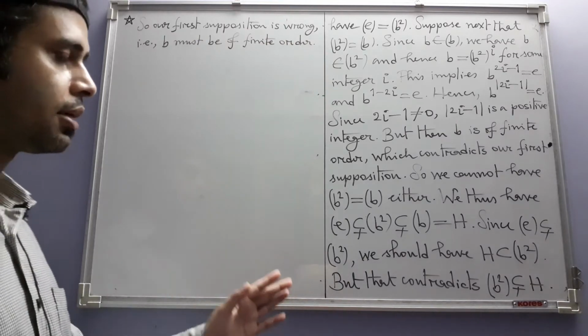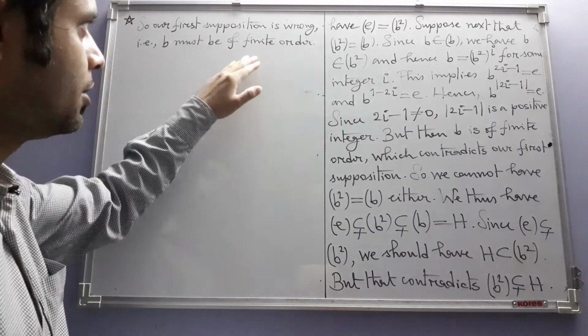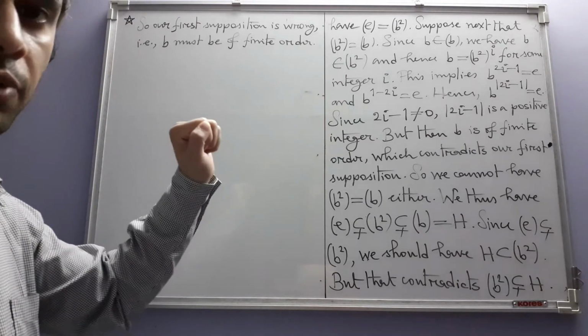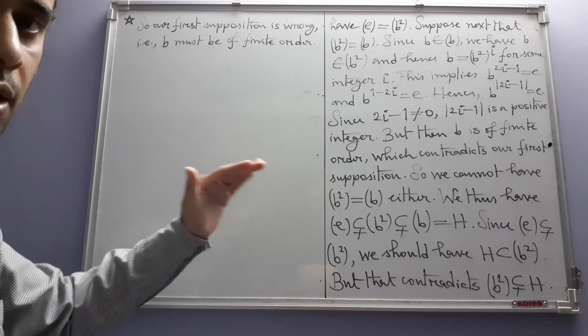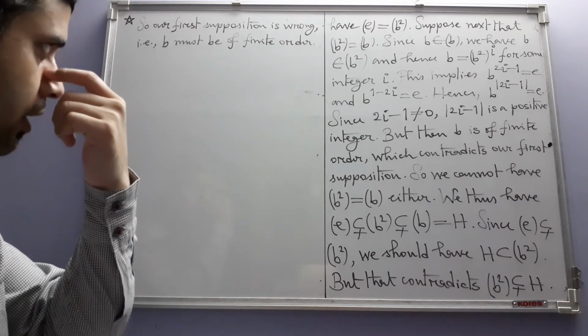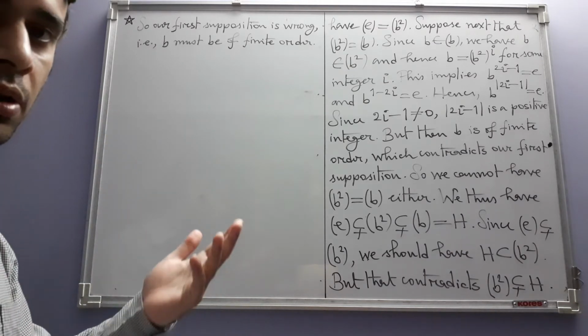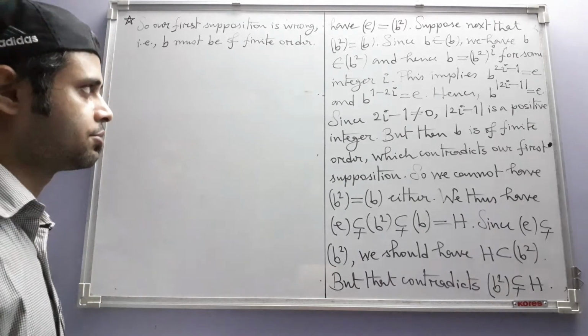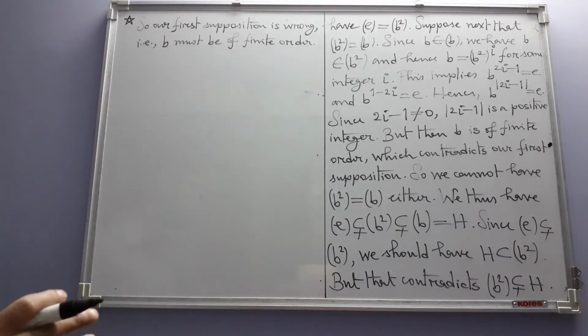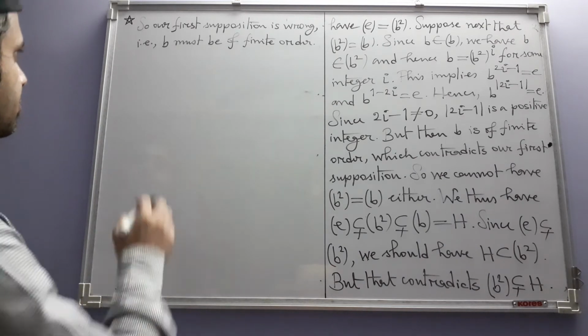Okay, however, the solution is not over. We have only shown that B is of finite order. We in general have to show that every element in G is of finite order. Since the identity element already is of finite order, namely 1, its order is 1. So it's enough to consider only non-identity elements.